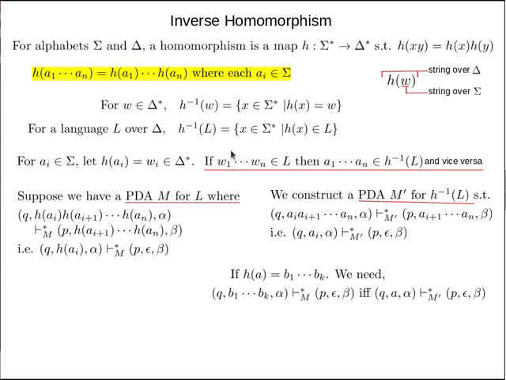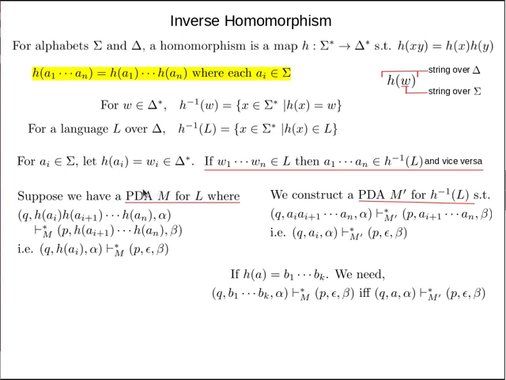Okay. So now if we want to prove that if L is a CFL, then h inverse of L is a CFL, we first suppose that there is a PDA M which accepts L via empty stack or via final state, doesn't matter. So what we will do is we will simulate the moves of this PDA of L, not simulate the moves.